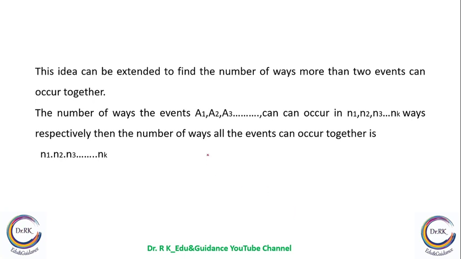Events A1, A2, A3 and so on up to AK can occur in n1, n2, n3 and so on nk ways. Then the total number of ways that all the events can occur together is the product of all the possible ways, therefore n1 into n2 into n3 and so on into nk. This is the generalization of the basic principle of counting.